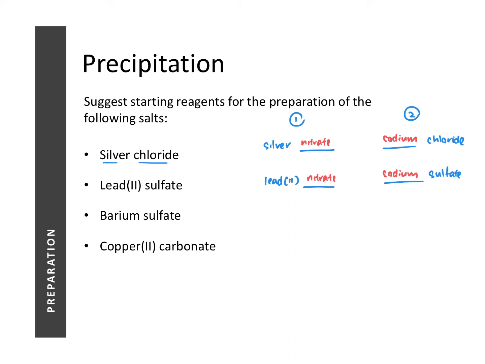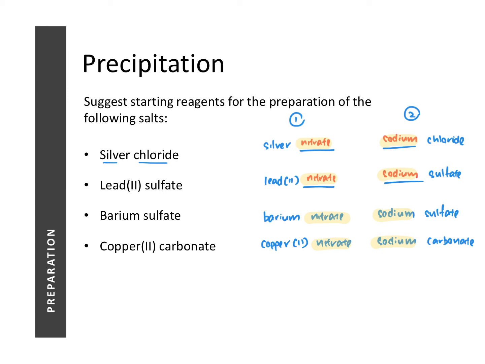Alright, the next 2, once again, we want barium nitrate mixed with sodium sulfate, and lastly copper 2 nitrate mixed with sodium carbonate. Okay, so as mentioned, if you are looking at the starting ingredients for the precipitation method, if there's no restriction given in the question, we would recommend that you use the nitrate combined with the sodium salt for the other reagent.